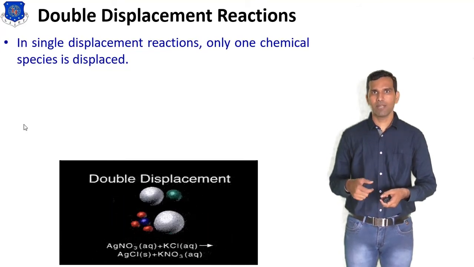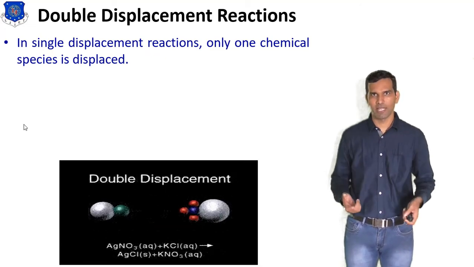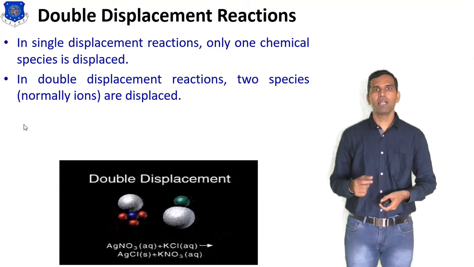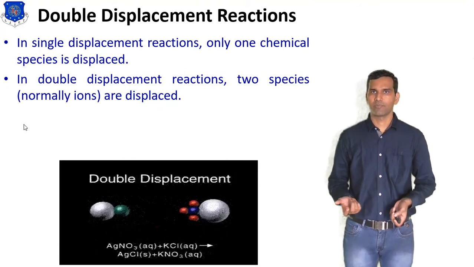In a single displacement reaction, only one chemical species is displaced. In a double displacement reaction, two species are displaced.